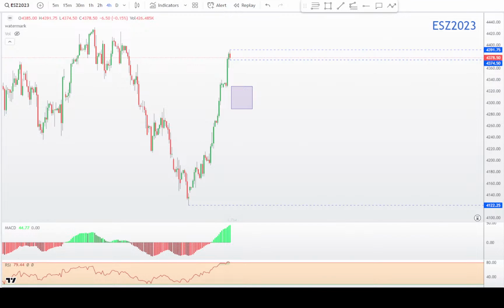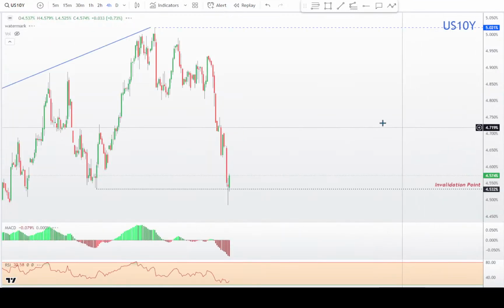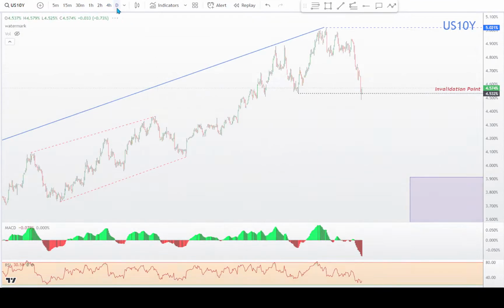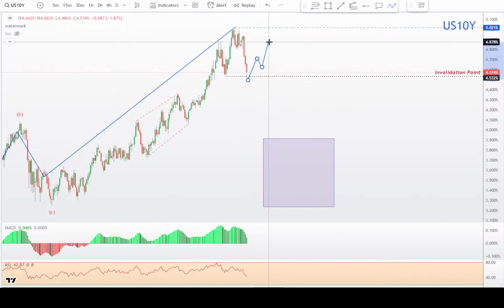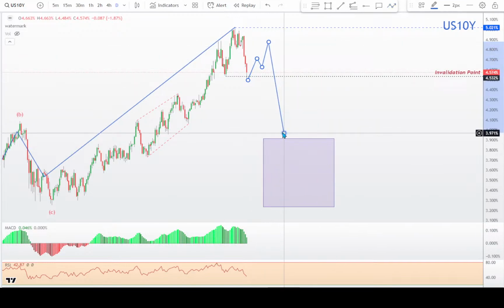Potential head and shoulders forming on the 10-year. Oh, yeah, I could see that. If they give us this type of look, correction and then drop, then you'll have your shoulder, head, shoulder, drop.